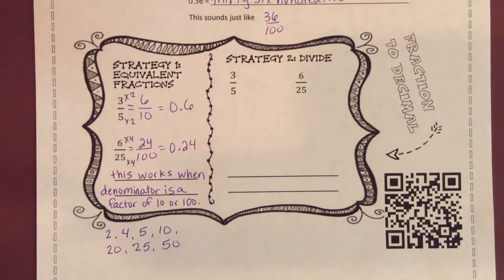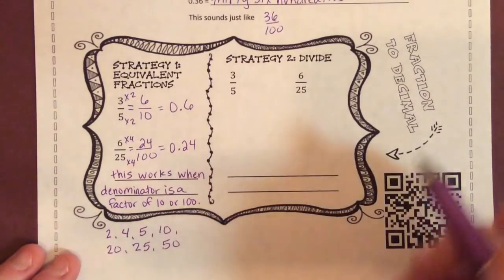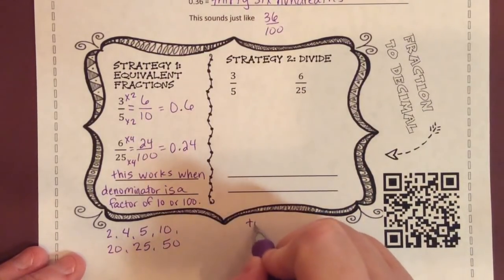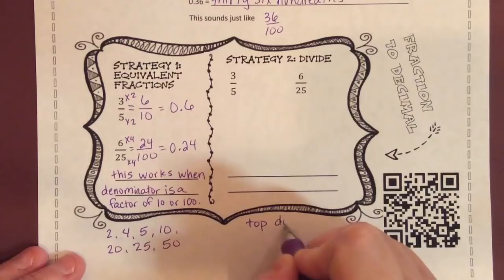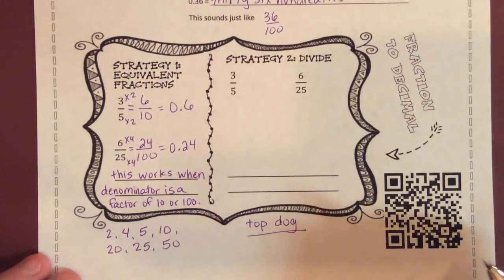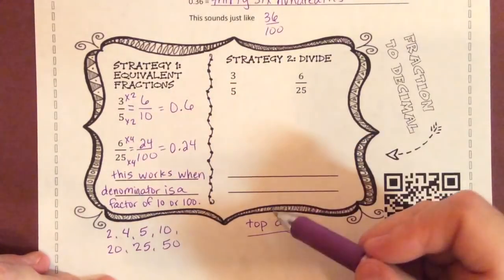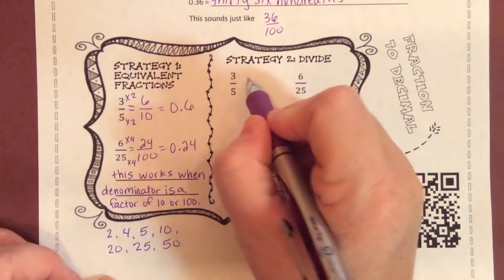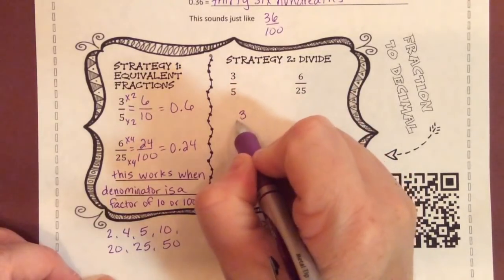Now, the other strategy, we're going to use the same two fractions, but instead we're going to divide, okay? And sometimes we can nickname this method right here, top dog. And we'll talk about that more in class. Okay? So the top number, which is the numerator, goes in the house. So we divide 3 divided by 5.